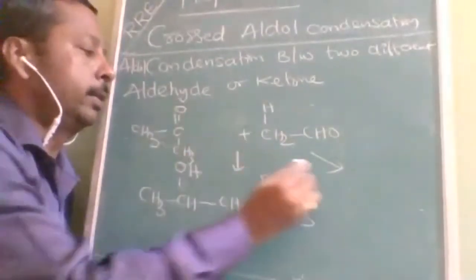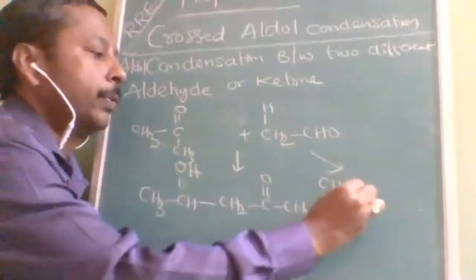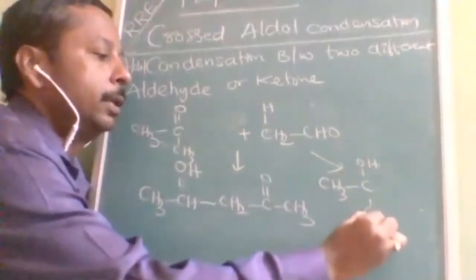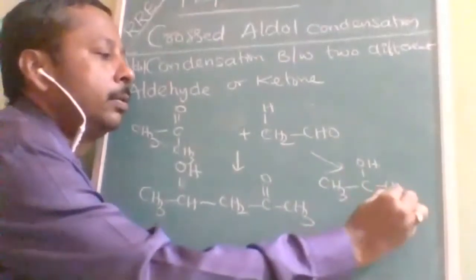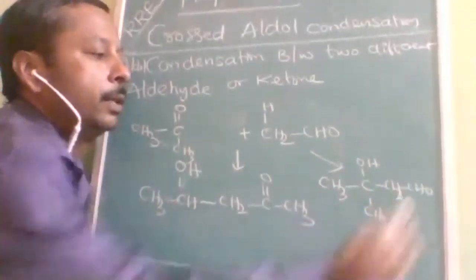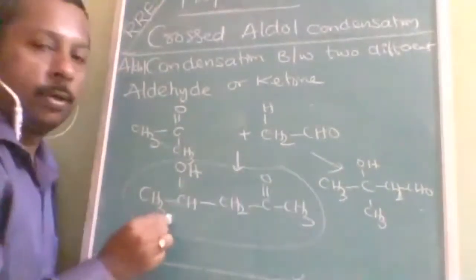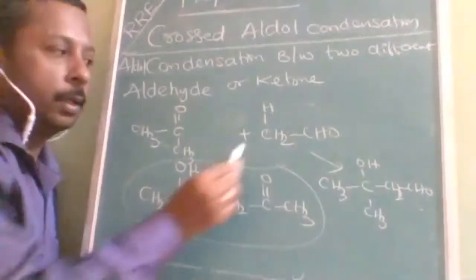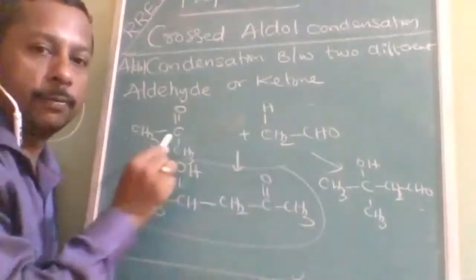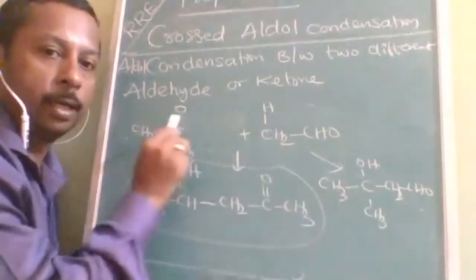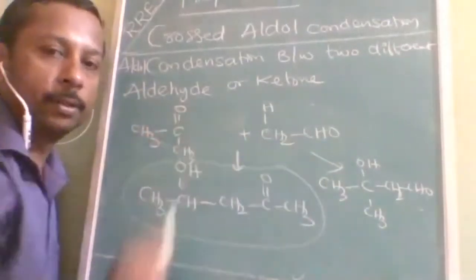This hydrogen this side, this hydrogen this side. So this CH3, COH, CH3, then CH2, CHO. Is it understood? So two products are possible. This product is made by the carbonyl from this one and the alpha hydrogen from this one. This product is made by the carbonyl from this one and the alpha hydrogen from this one.